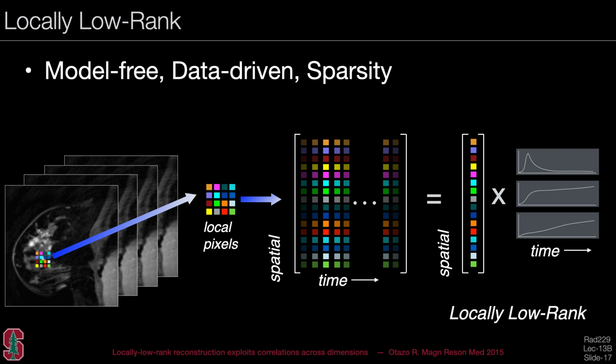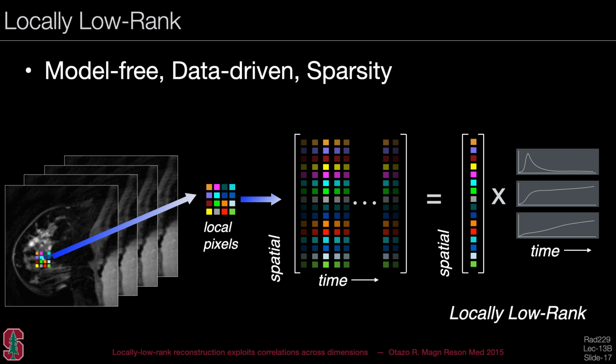So a more recent approach that's especially popular for spatiotemporal imaging is using locally low-rank constraints here, where basically we take a group of pixels over time, and we rearrange this into this matrix, and we take advantage of the fact that this matrix is locally low rank, and this is a constraint that is very, very effective.